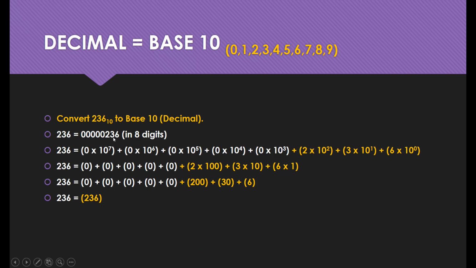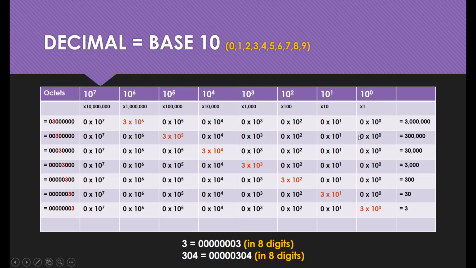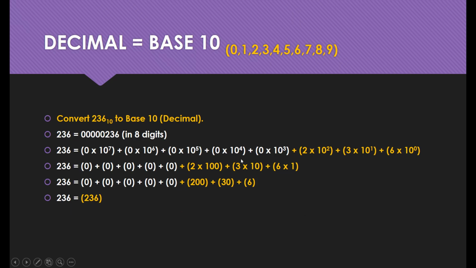Then we have 3, which is here, 3 times the base, which is 10 raised to power 1, as we can see here. Then we continue that way, 2 times 10 raised to power 2, you see, and eventually we get back our 236. So this has proven that our initial 236 is actually a base 10 number.